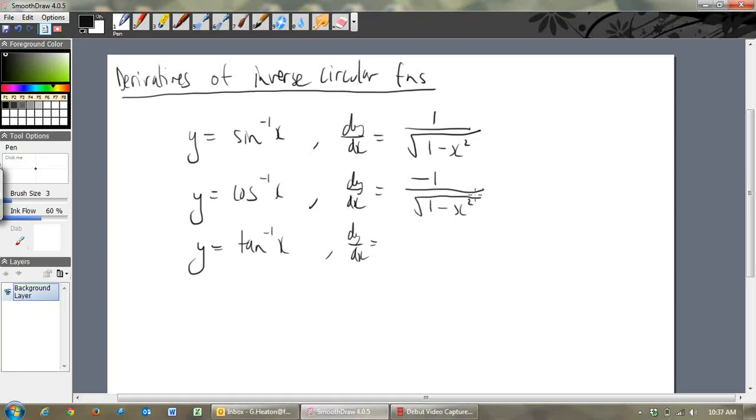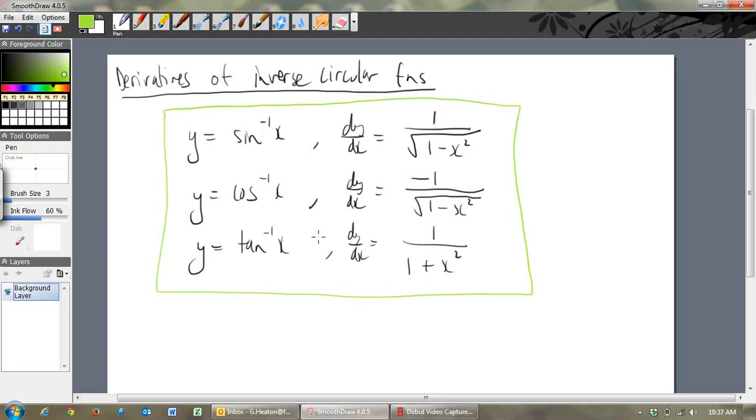So exactly the same, but just the negative version. And tan is the one that's a little bit different as usual. That is just 1 over 1 plus x squared. So they're your key ingredients, the things that you need to know.